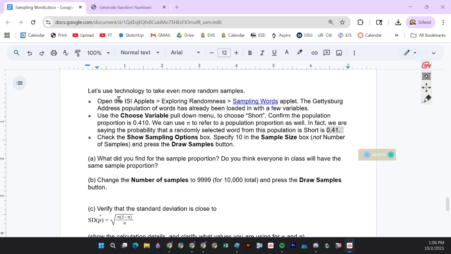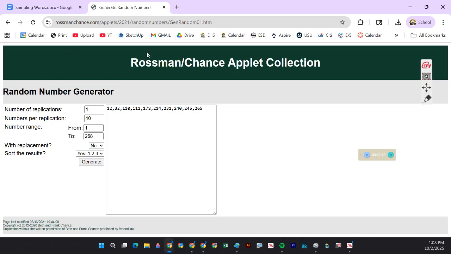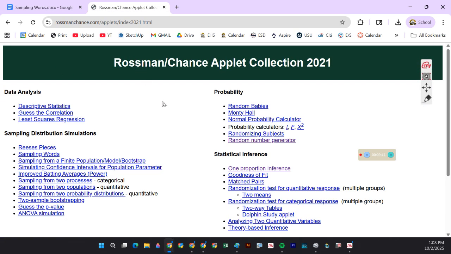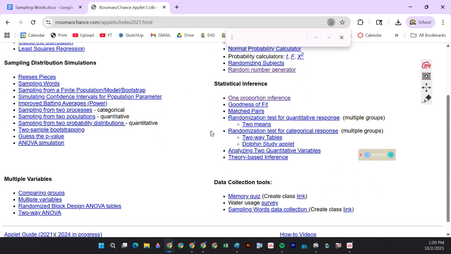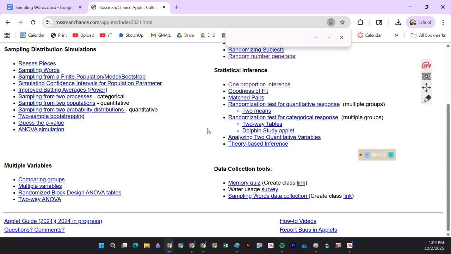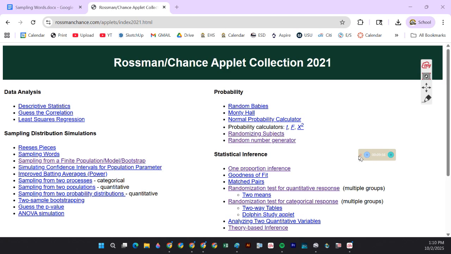Okay. So go into Rossmann One Chance. Go to Exploring Randomness. Where is that? It's not there. Okay, let me find it.